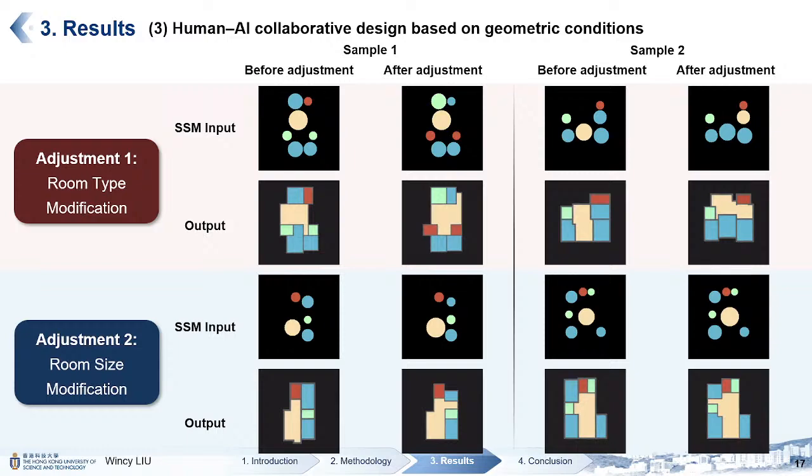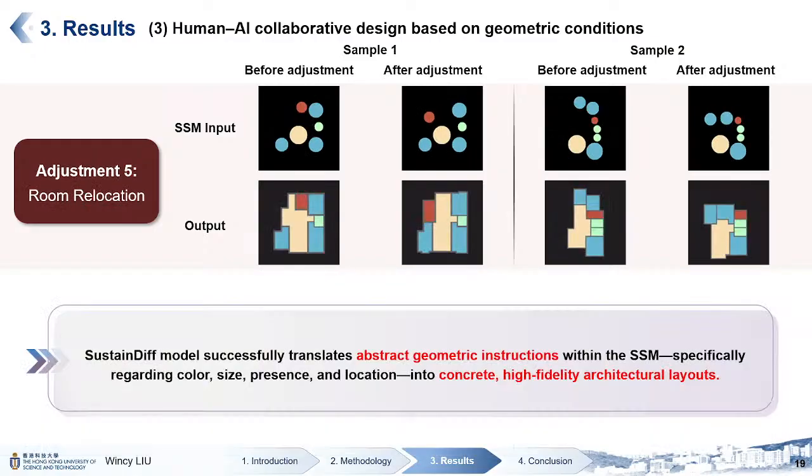Room size is controlled by the circle's area, and we change these conditions to see the response from the model. We can see all the performance is good, and we can generate the corresponding layouts. And here are some other modifications of the input, and all the modifications perform well in our model.